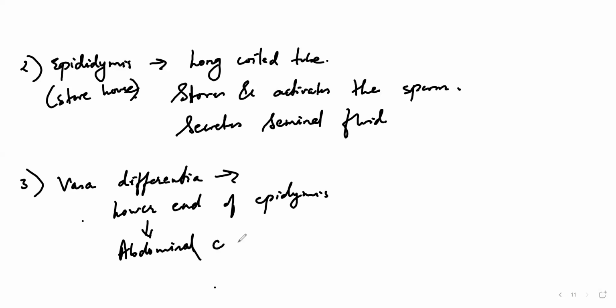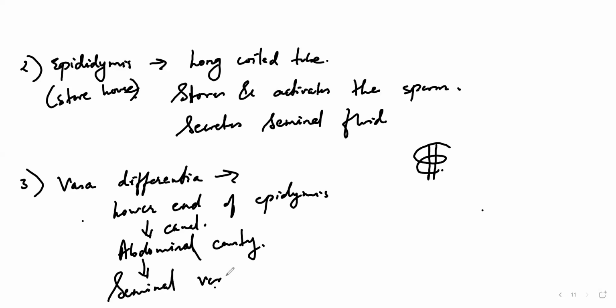Abdominal cavity. So how it will enter the abdominal cavity is there will be a canal present. It will form a loop around the ureter, like this, and then finally it will join where? To the seminal vesicles.